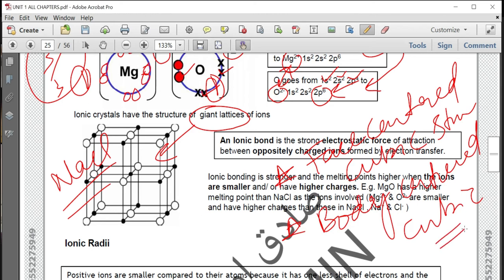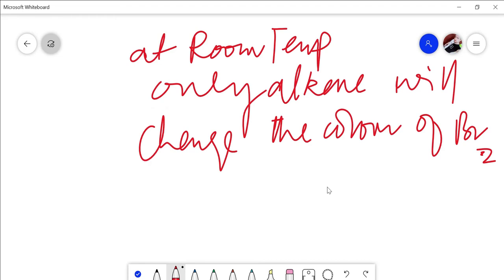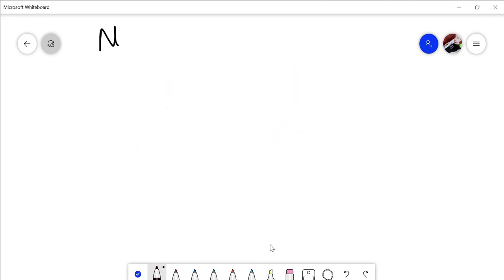Okay, we will talk about this a little bit. Body-centered structure and face-centered structure. This is very important, which we write as NaCl, and the other is cesium chloride, CsCl.